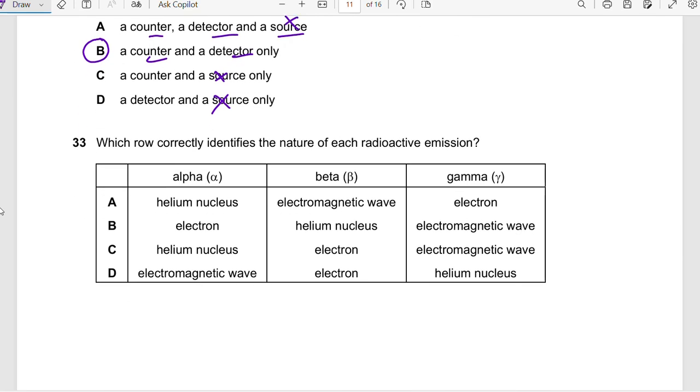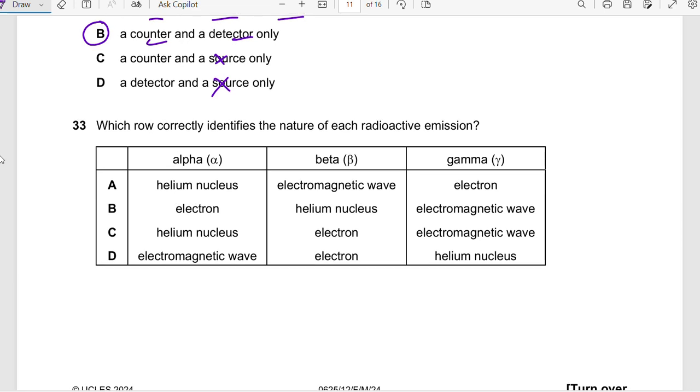Now question 33. They say, which row correctly identifies the nature of each radioactive emission? The nature. We all know that alpha is identical to the helium nucleus, beta is identical to the electron, and gamma is an electromagnetic radiation, or wave.